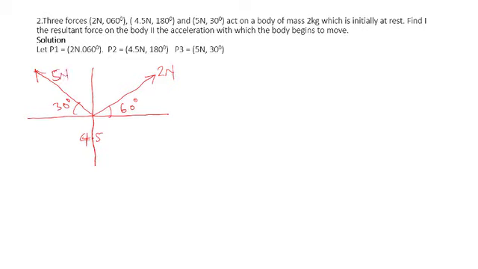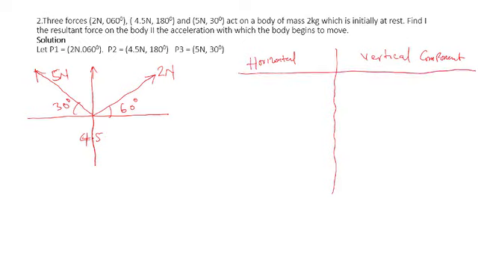So we want to resolve these forces into vertical and horizontal components. Let's create a table for that: horizontal and vertical components. These are the two components that we need to resolve the forces into. We start with the horizontal component.